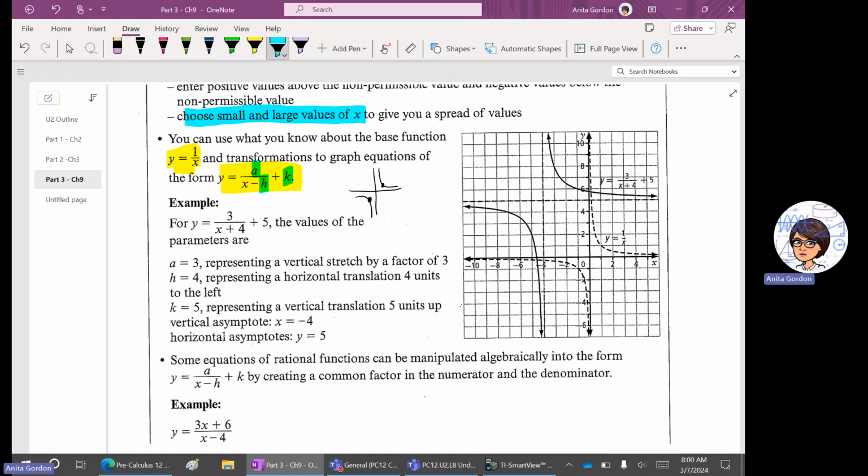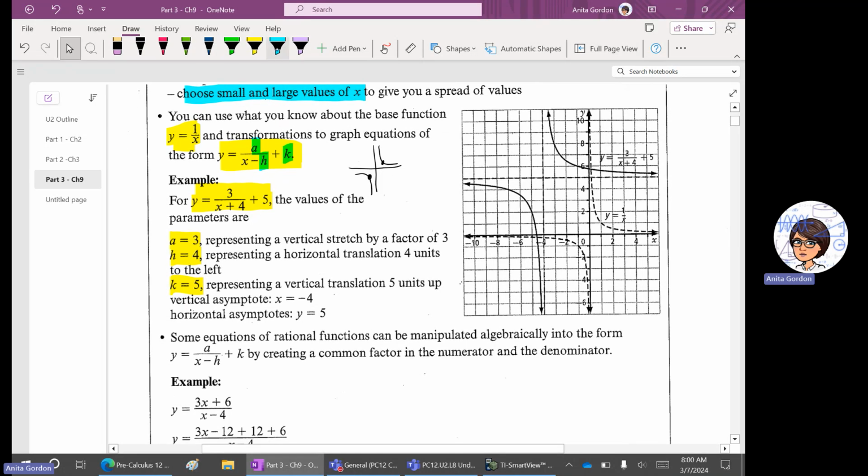So for example, if I have this equation here, y equals 3 over x plus 4, plus 5, the values of the parameters are that A is 3, H is 4, and K is 5. And so we know what those representations are in terms of stretches and translations.